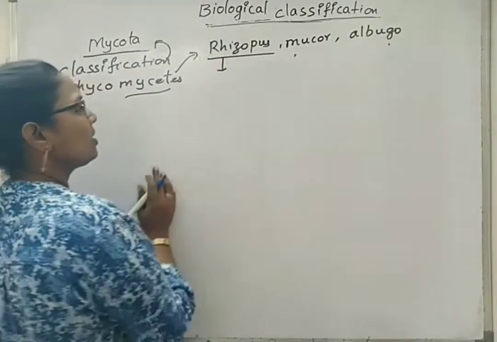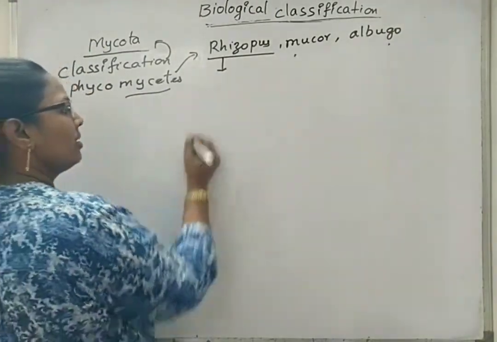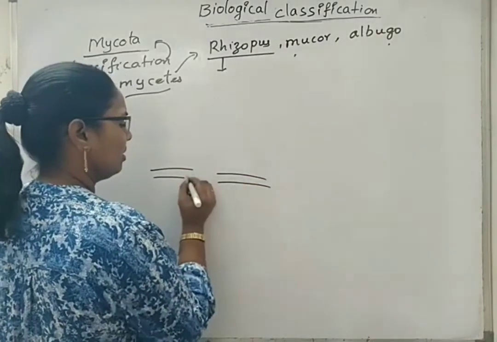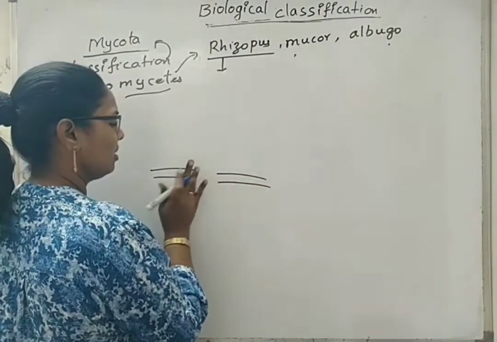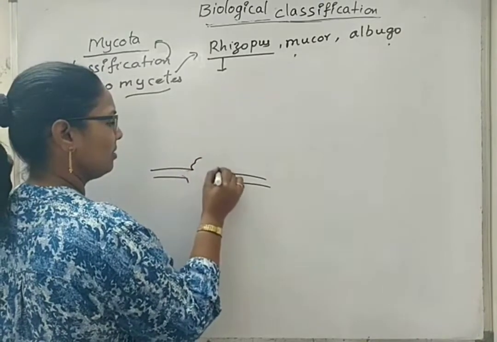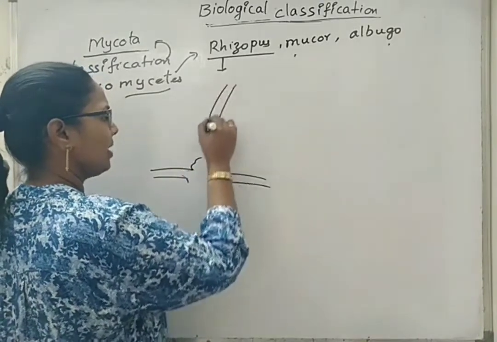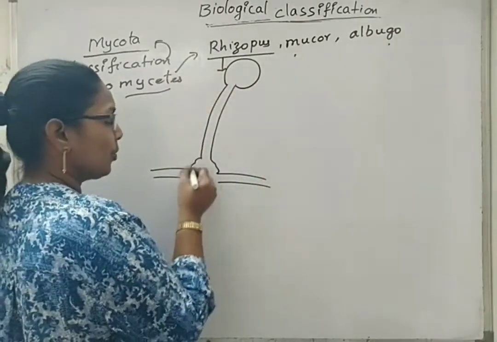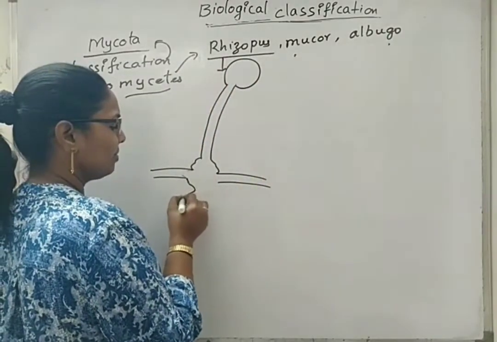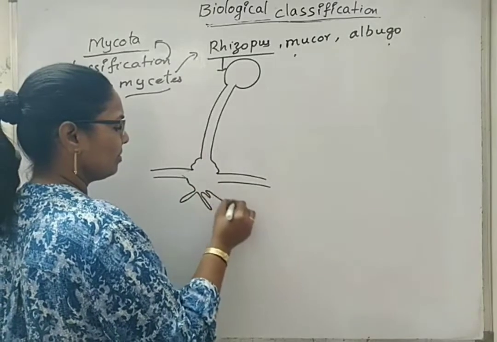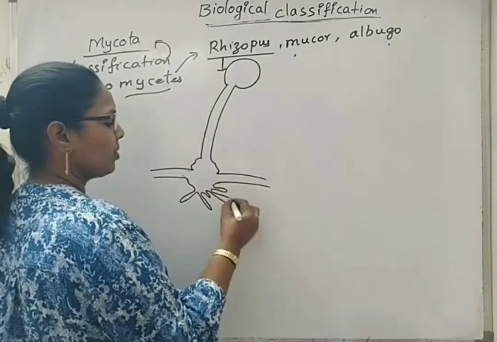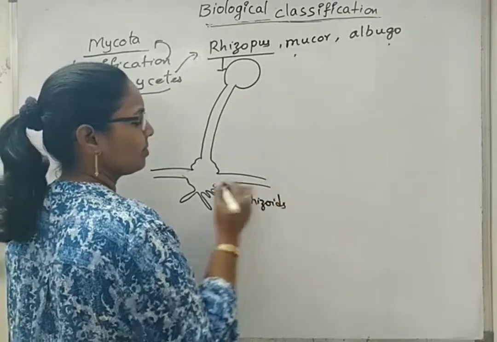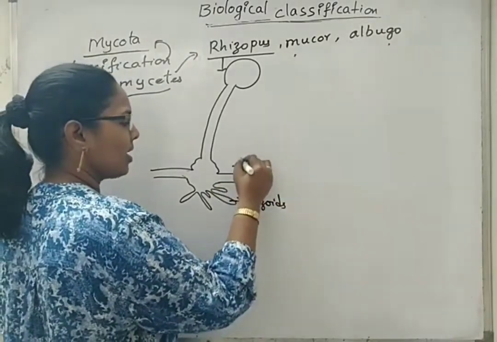How does Rhizopus look? There are some structures. Aseptate hyphae, and here is the spore bearing structure. These are called rhizoids. This is called stolon.